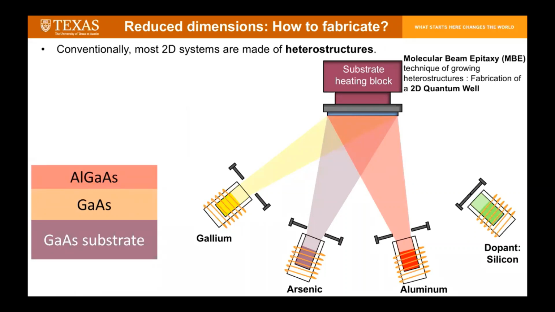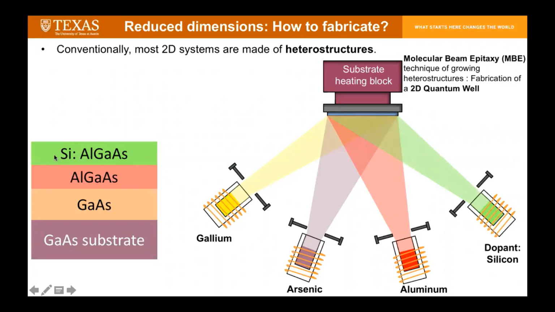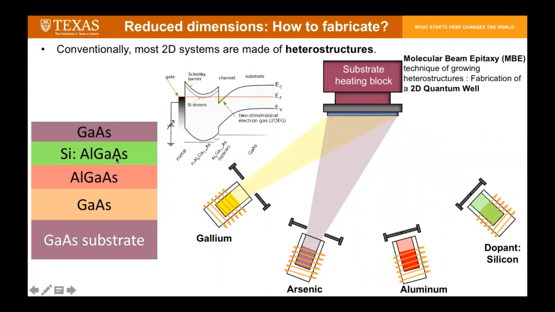And then we dope the AlGaAs layer with silicon, and this layer essentially provides the electrons. This is the layer which has been doped heavily with silicon, and this is the provider of electrons. But although the electrons are provided by this AlGaAs, they prefer to go and sit at this interface. So the electrons come from here, but they prefer to sit at this interface between GaAs and AlGaAs.